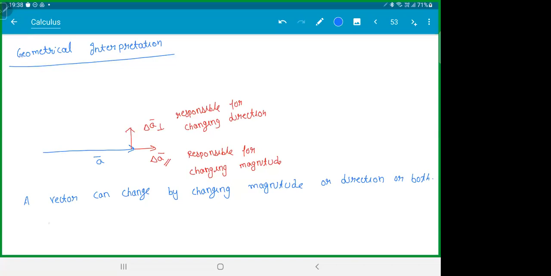But here, what you're saying is that the magnitude is constant. That was given, right? The magnitude of the vector is constant. It's a unit vector. That means the only way you can change the vector without changing the magnitude is what? Therefore, only the direction changes. That means it can change only perpendicular to itself.